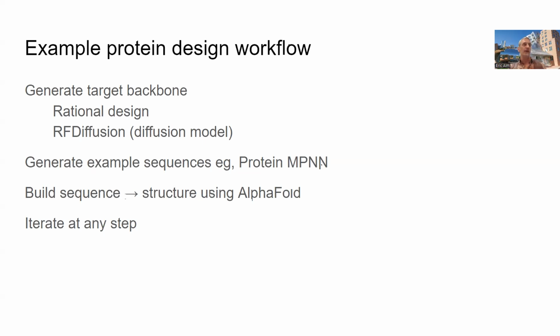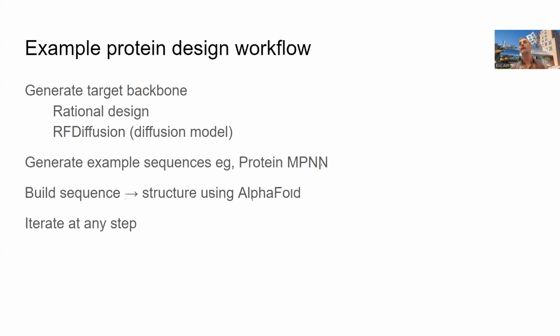Once we have an idea of what the structure should be, then there's additional software like ProteinMPNN that can basically guess a sequence given a structure. Then we build that sequence and turn it into a structure using AlphaFold. And if that works and we get a good pLDDT, then that might be worth trying to make in the laboratory.